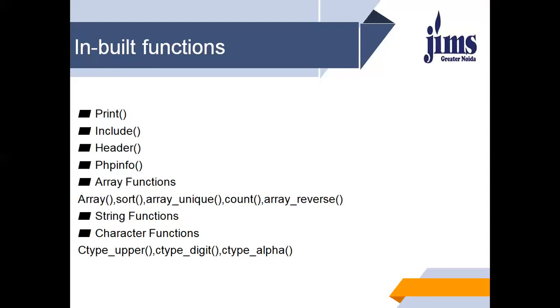Then we have array_unique to remove duplicate values from an array. We have count to count the number of elements in an array. If you want to return an array in the reverse order, we will use array_reverse. We have discussed so many functions earlier in the array lecture. You can refer to that also.